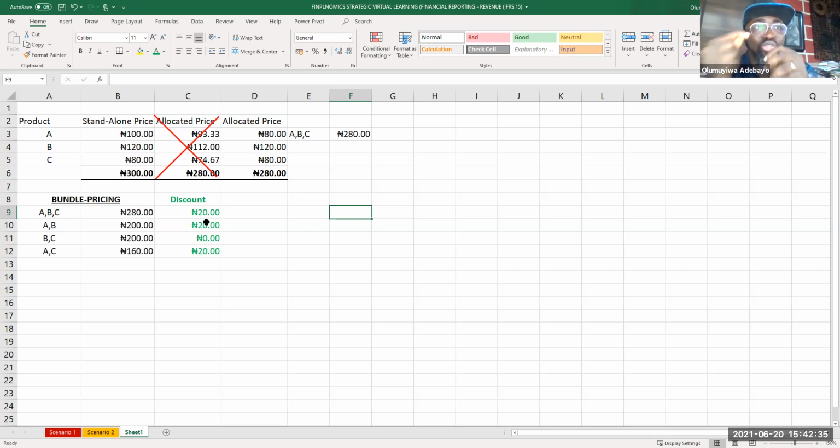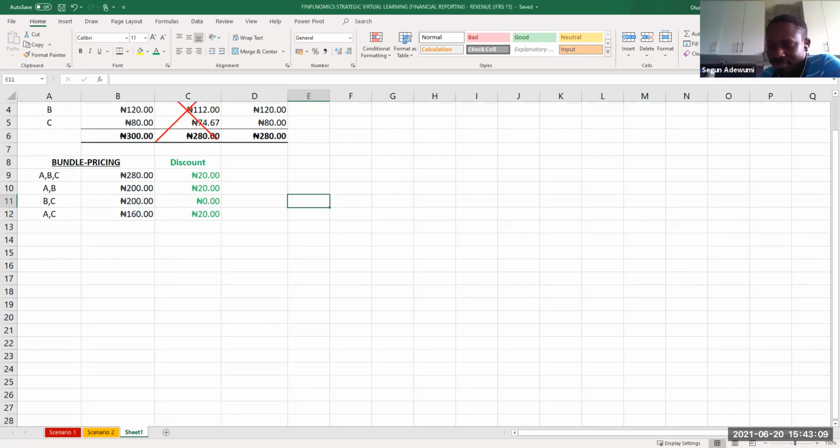You must also take that into consideration, which means the finance function. We also speak to the product development and marketing function to ask what is the rationale behind this pricing, so that we can allocate appropriately. Are you getting it? Yes, sir. Companies don't just determine price anyhow. There's something behind it. If you understand and appreciate what is behind that, you automatically always get it right. Does that make sense, sir? Yes, sir. It does.